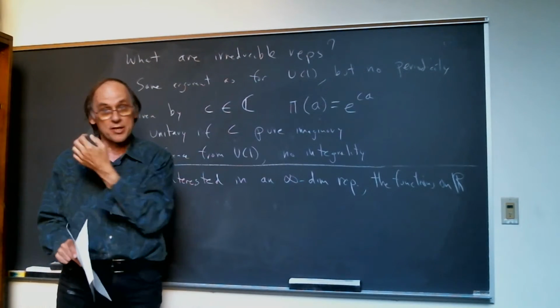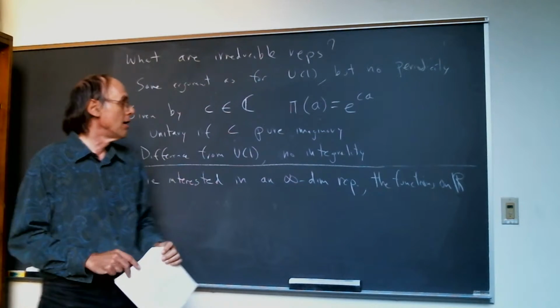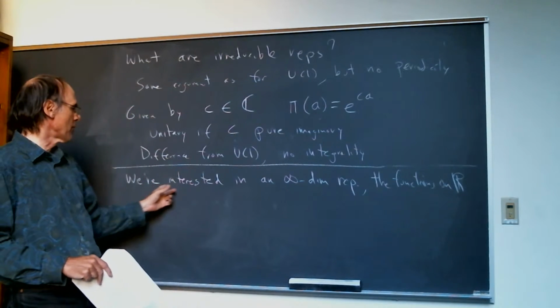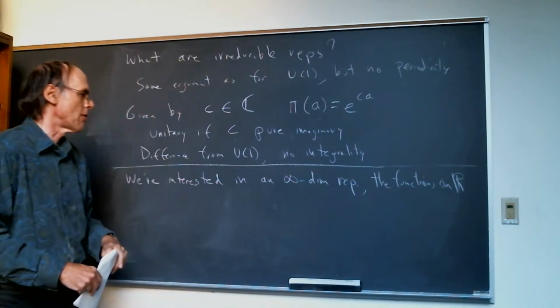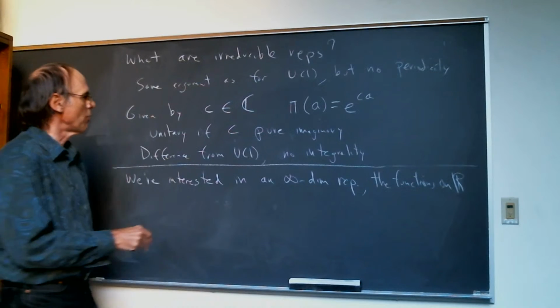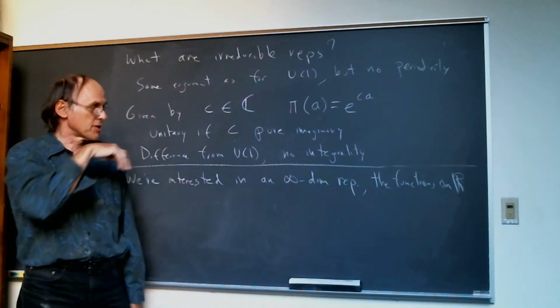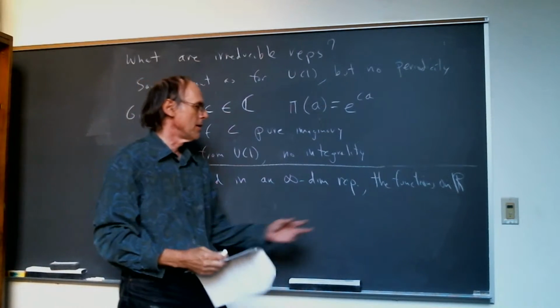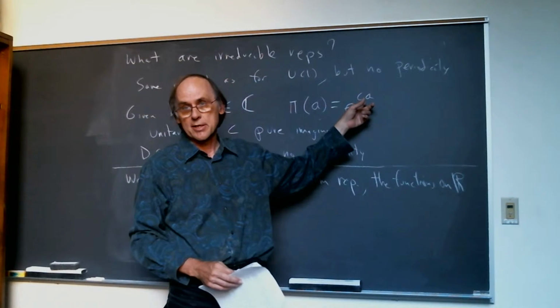As you saw in the exam, you could write them in terms of matrices if you wanted. But what's going to happen here is we've got an infinitesimal representation, and the irreducible representations are going to be one-dimensional, and so we're also going to try and break up the representation into these irreducible one-dimensional pieces.